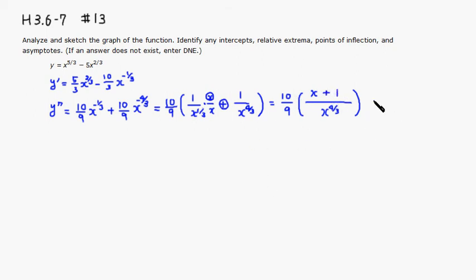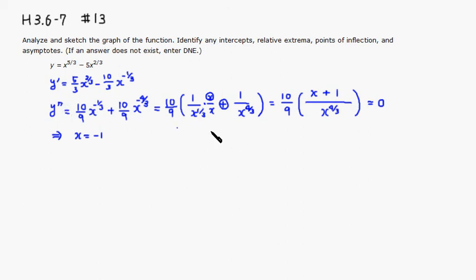Set that equal to 0. So this guy is x plus 1, so it's going to be x equals negative 1 from setting that equal to 0.